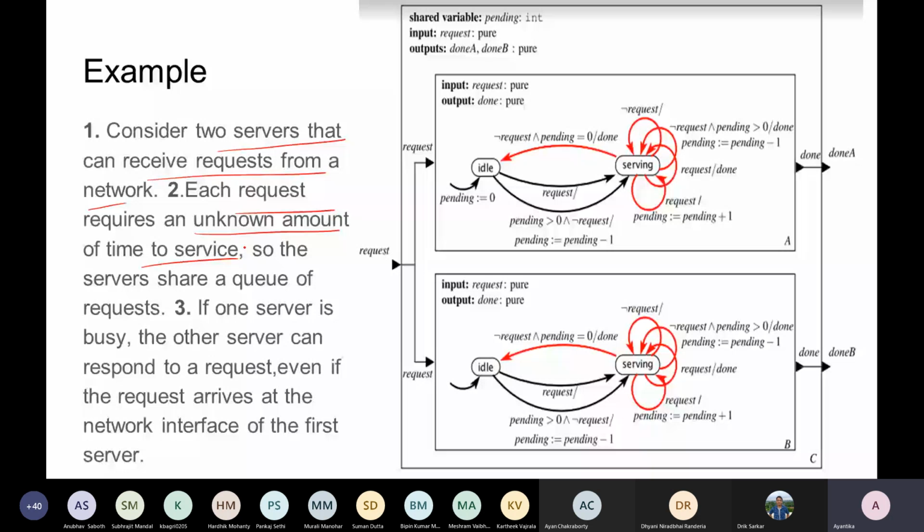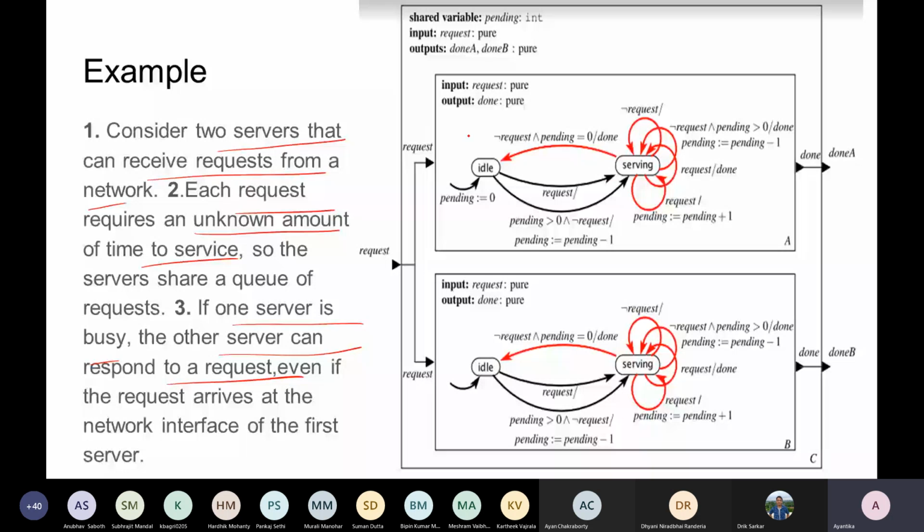The way you can model specifically that when one server will finish the work and it can take the next task. So in that way, if one server is busy, you are maintaining one queue according to the specification, and the other server can respond to a request. So you can see here the same situation you are modeling.